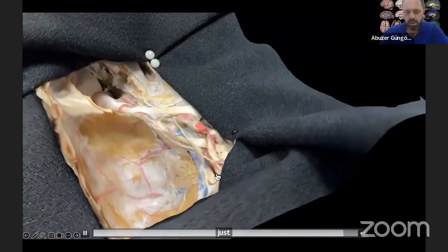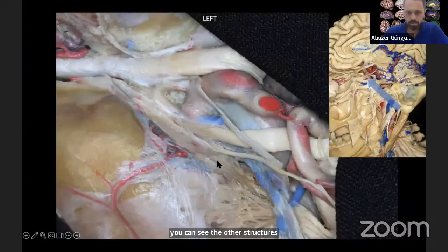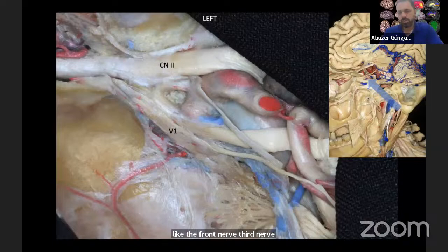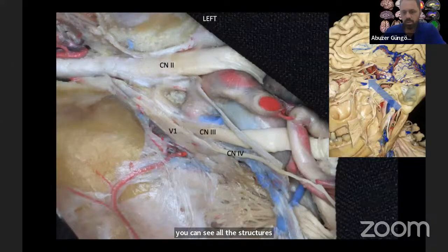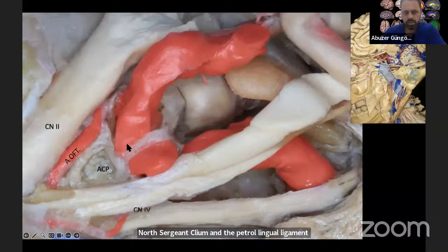You can see the other structures like the third nerve. You can see all structures related to the middle cranial fossa: third nerve, ophthalmic nerve, fourth nerve, ganglion, and the petrolingual ligament. And also, we are looking at the segments of the carotid artery.